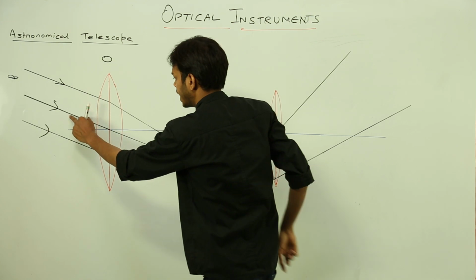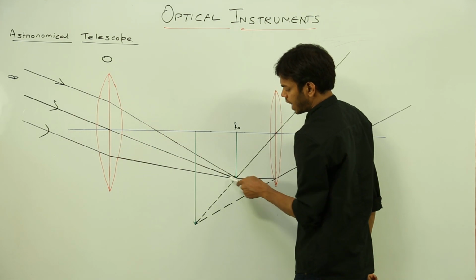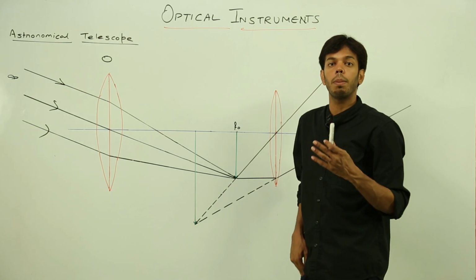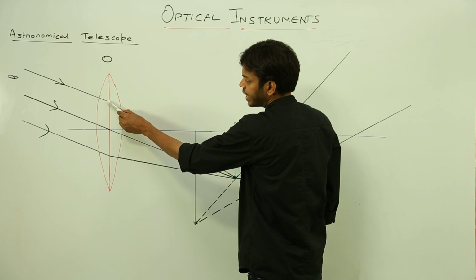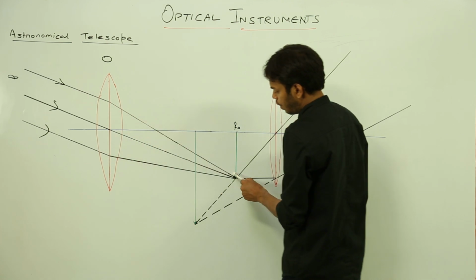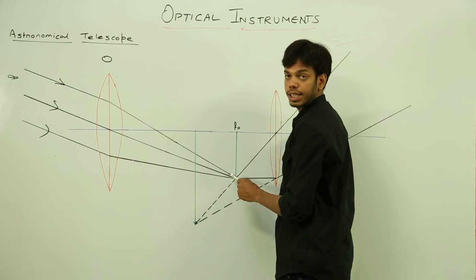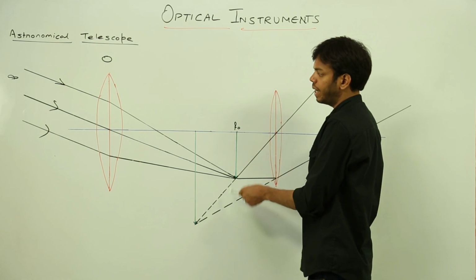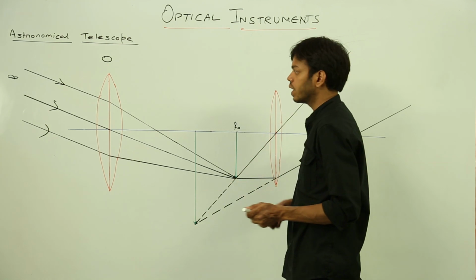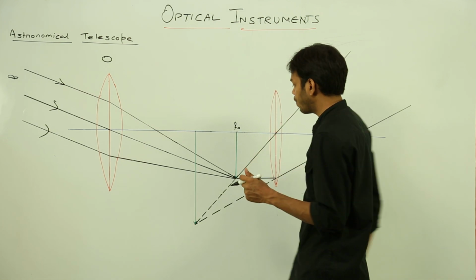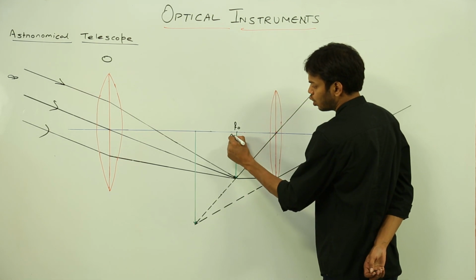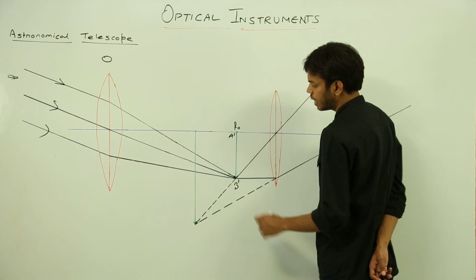Then extend this one line wherever you want to make the image, stop it at that point, and then join this point and this point with the image. So this will be your image which is getting formed from the objective. Usually we use AB notation for the object, and A dash B dash for the first image. So this is your A dash B dash, right?